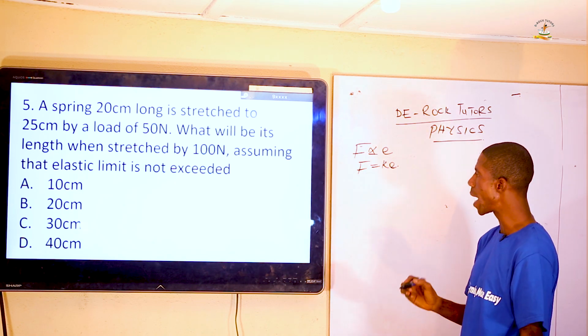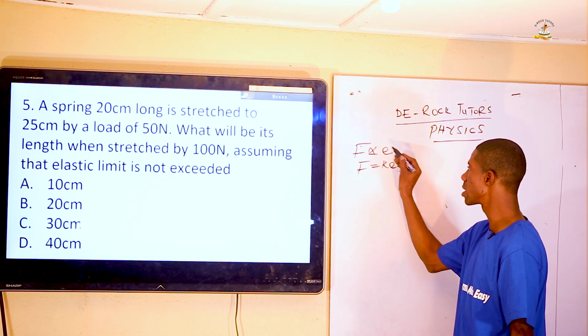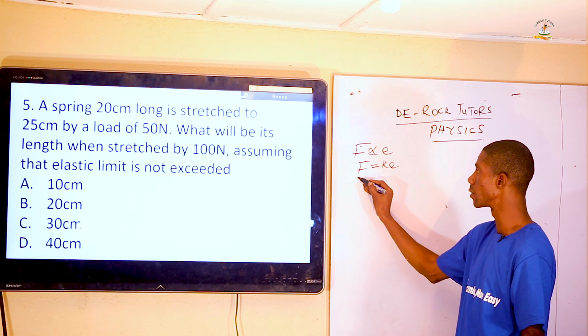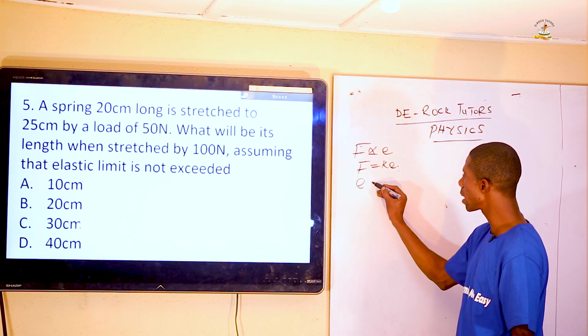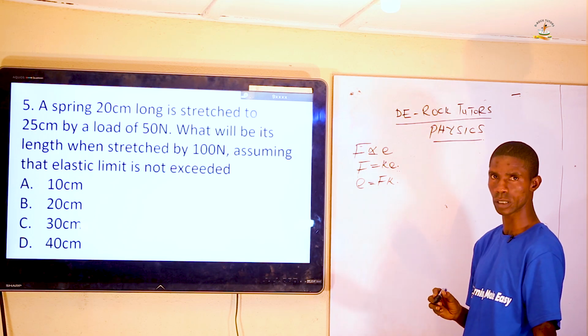But mind you, as force is proportional to extension, so also extension is proportional to the force. I can also put extension equals to force multiplied by the force constant.